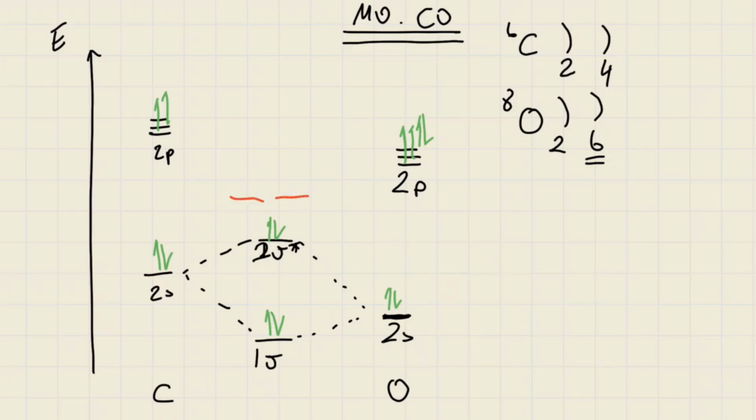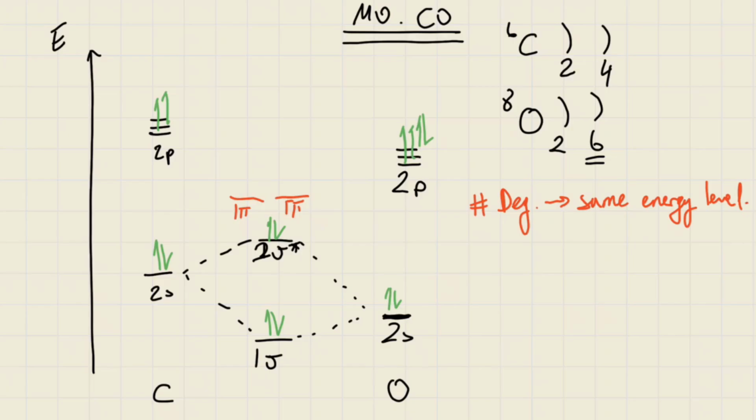And we have pi orbitals, so these are the first pi orbitals. They are completely degenerate. They are in the same state. By the way, what does degenerate mean? It means that they are at the same energy level. So we will use this term many times.